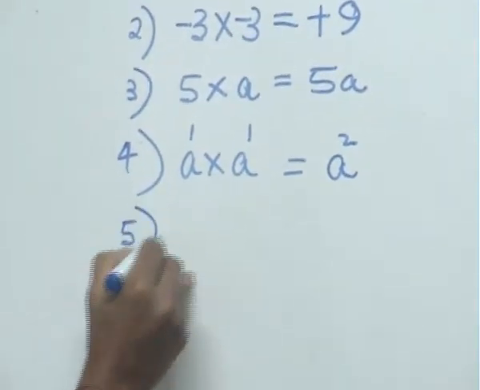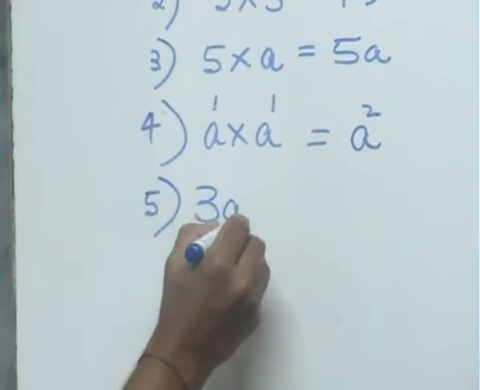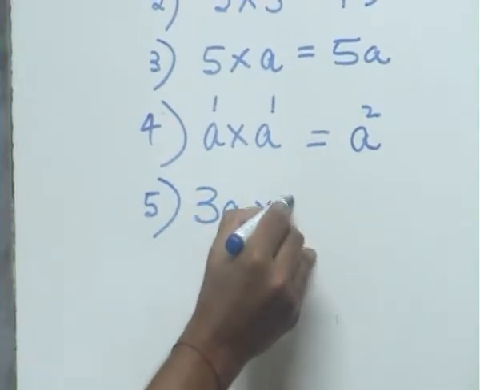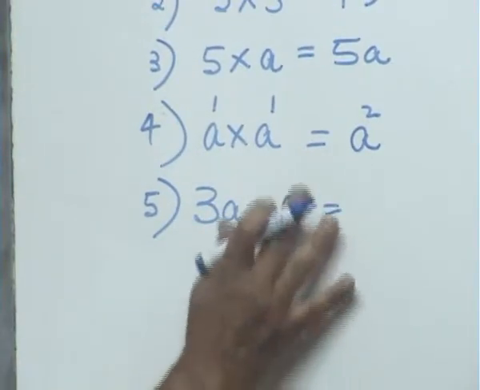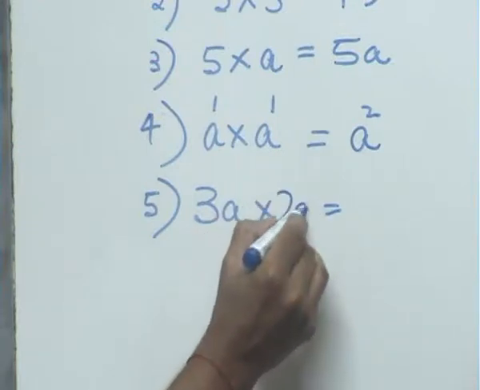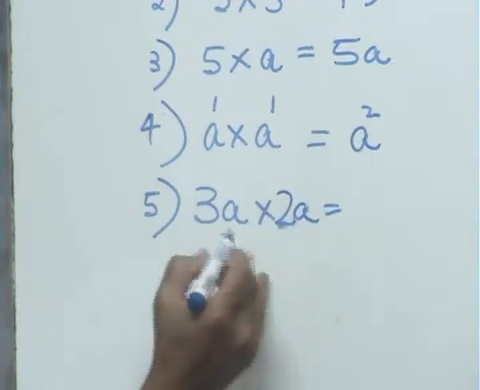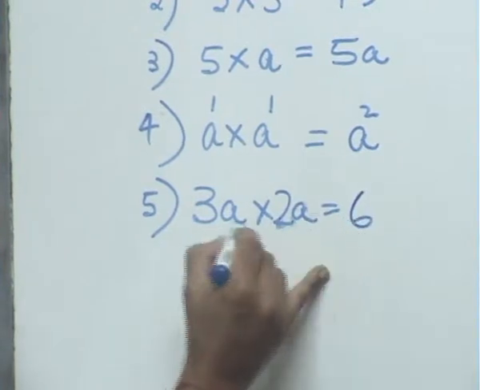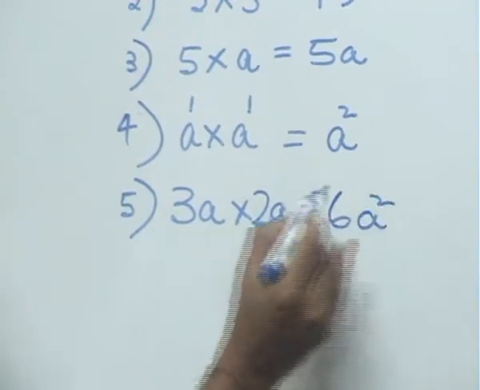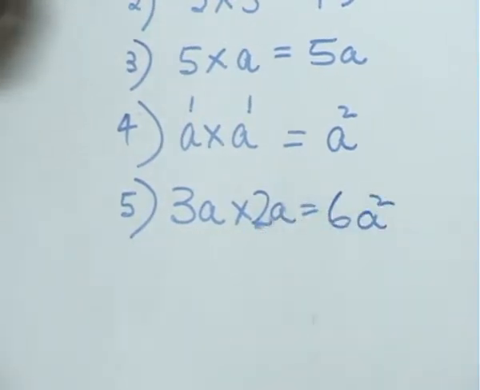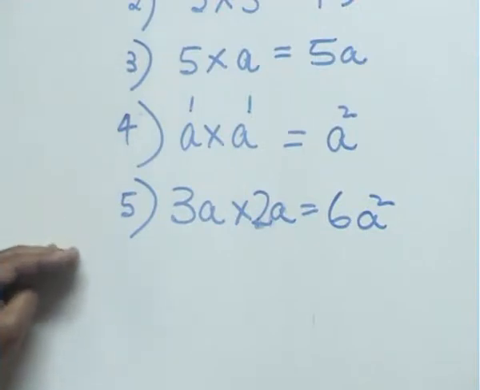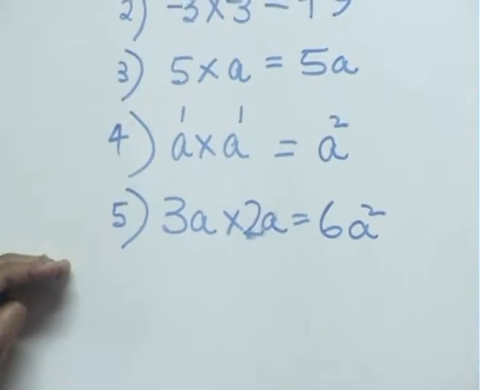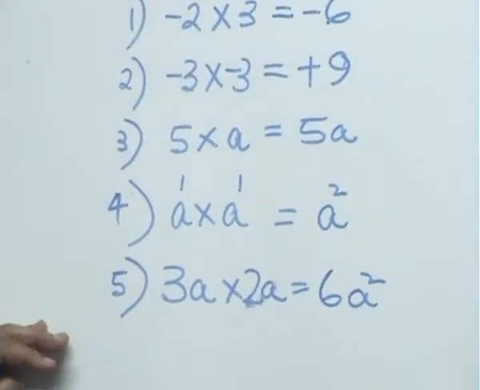And then to finish it, if I had 3a times 2a, then 3 2's, 6a squared. So now you'll see that these are all basics. We have finished covering all this, and now it's going to be used in removal of brackets.